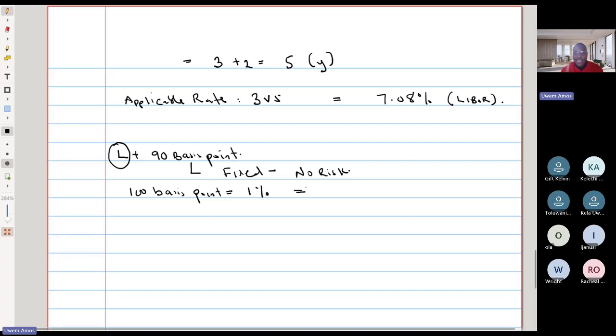So 90 basis points in percentage would be 90 divided by 100, which is 0.9. So the total interest rate for Mr. Bickard, if he goes with FRA, will be 7.98%. If Mr. Bickard decides to buy FRA, that interest rate is what he will pay on that loan. That's one of the options that Mr. Bickard has.